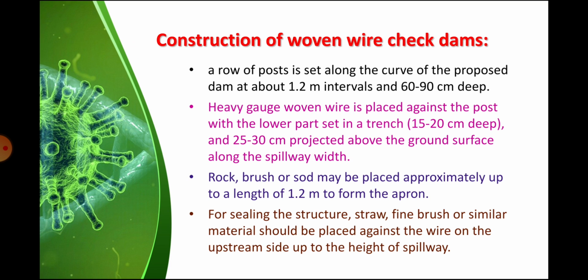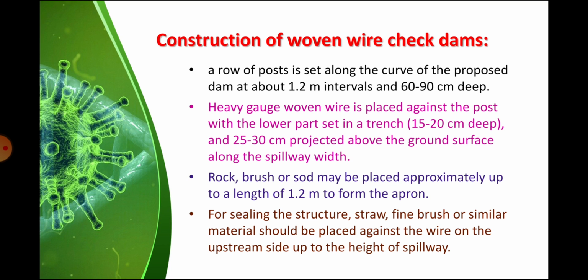So I told you, heavy gauge woven wire is placed against the post with the lower part set in a trench about 15 to 20 centimeter deep, and the pegs should project about 1 foot above the ground surface.